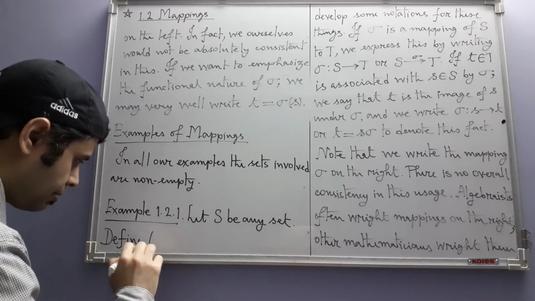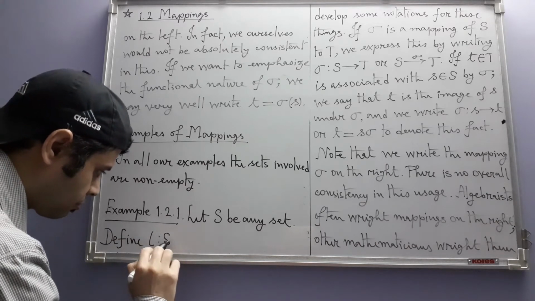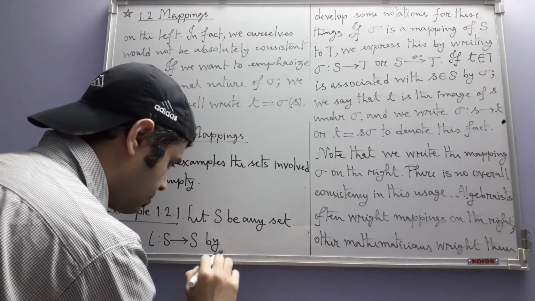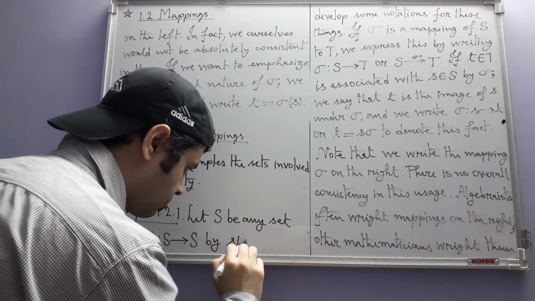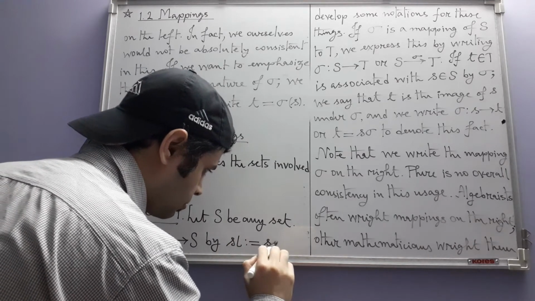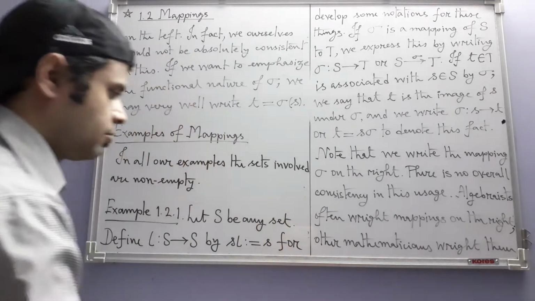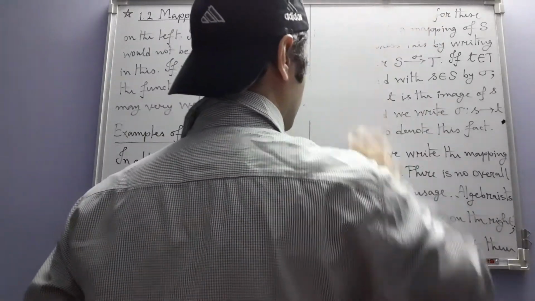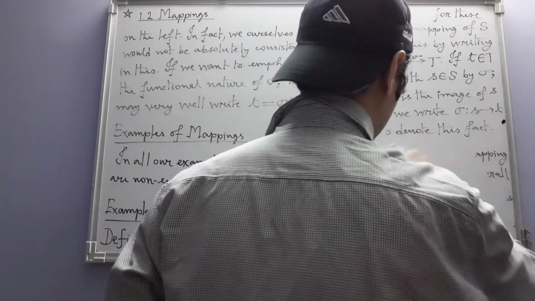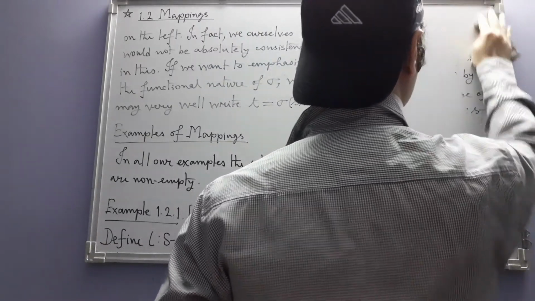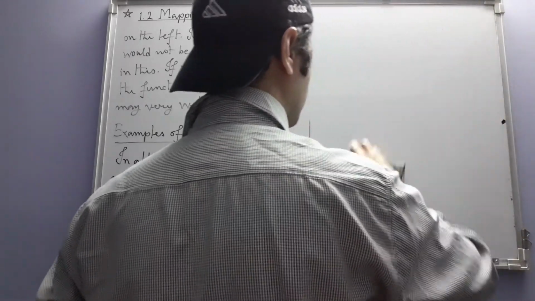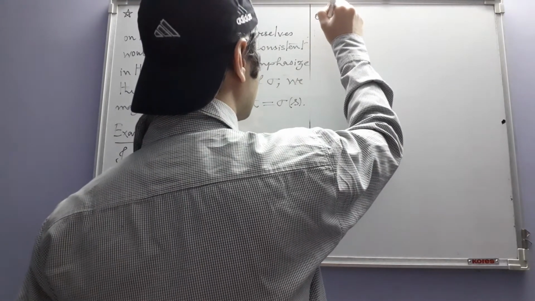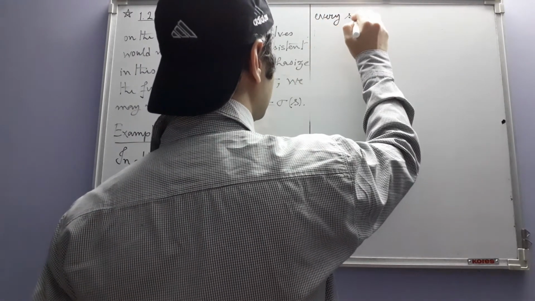Define a mapping from S to itself by s iota equal to s for every s in S.